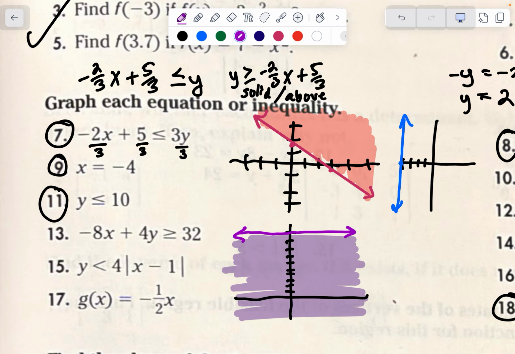So this is 7, this is 9, this is 11. Are you guys good with those ones? Does that make sense? Okay, for 15, could we change this to an equal to?